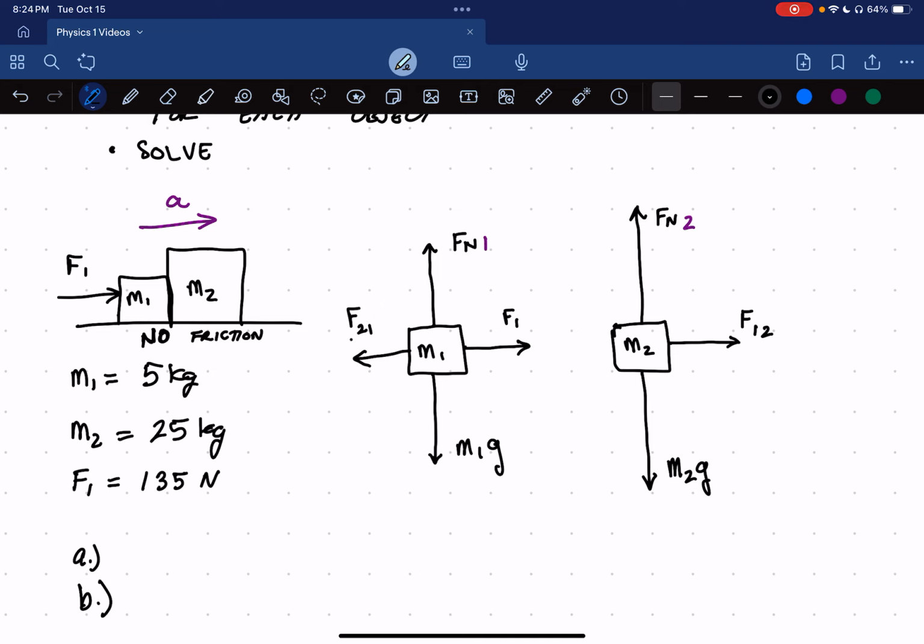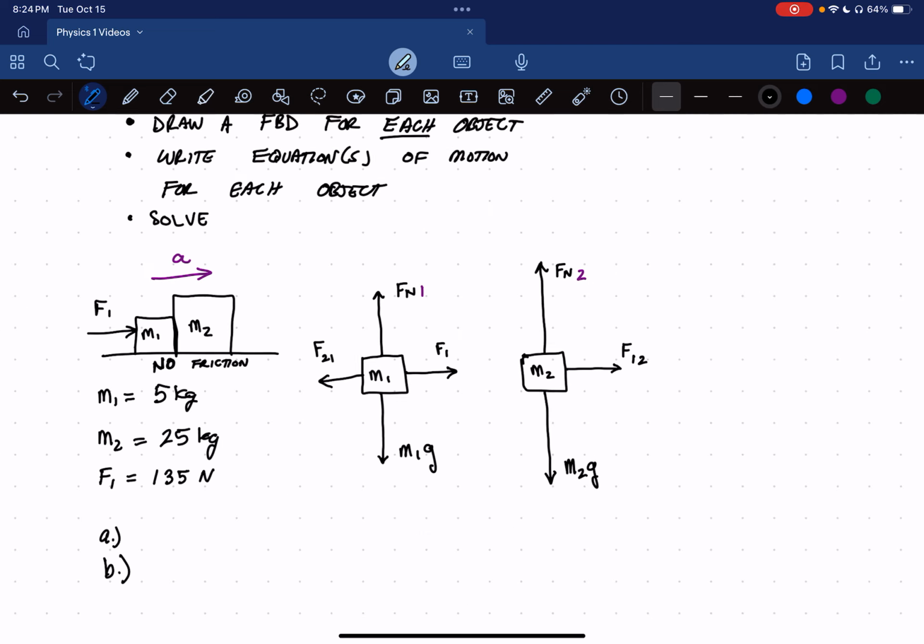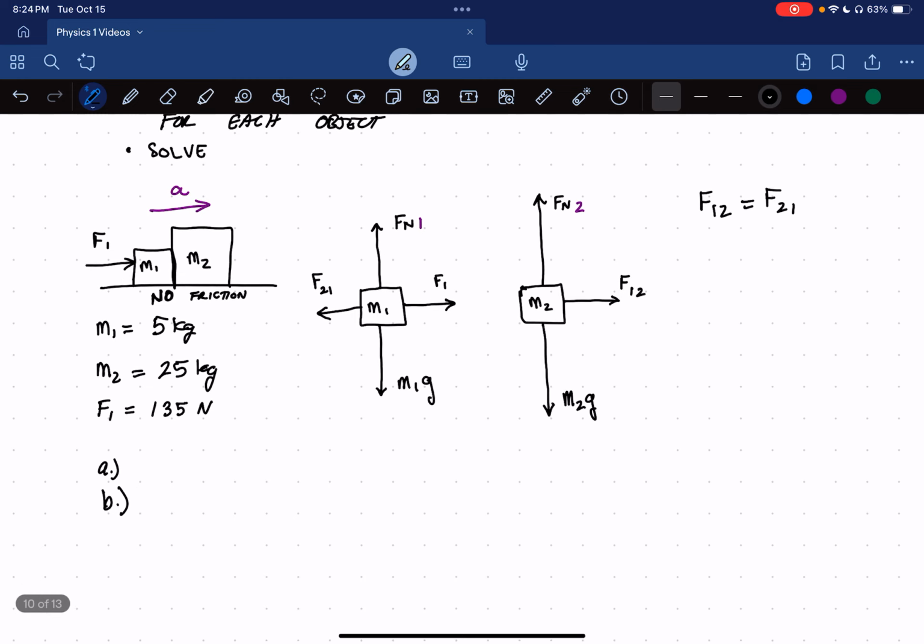I like to write it as the force that 2 exerts on 1. And of course, these two forces are equal. The force that mass 1 puts on mass 2 is equal to the force that mass 2 puts back on mass 1. That looks pretty good to me. I think we're good to go there.